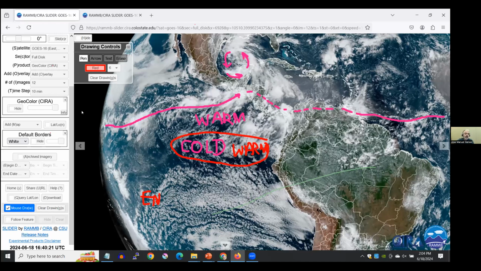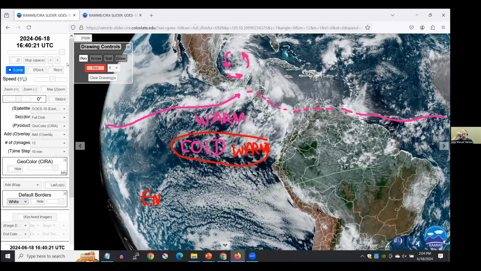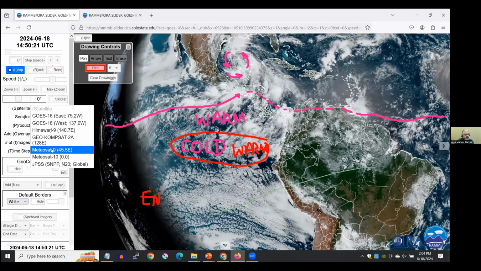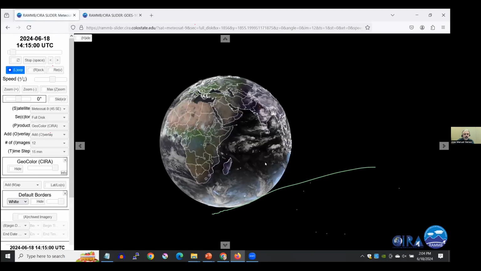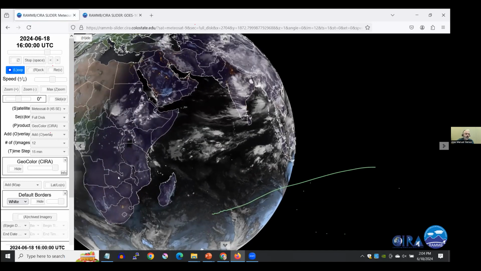So let's do something here, and let's switch to the Eastern Hemisphere. You can do this here. Let's pick the satellite, so let's go to Meteosat East. Might need to reload. There we go. Well, it's nighttime, right? In a lot of the Eastern Hemisphere right now. I'm going to change the product.